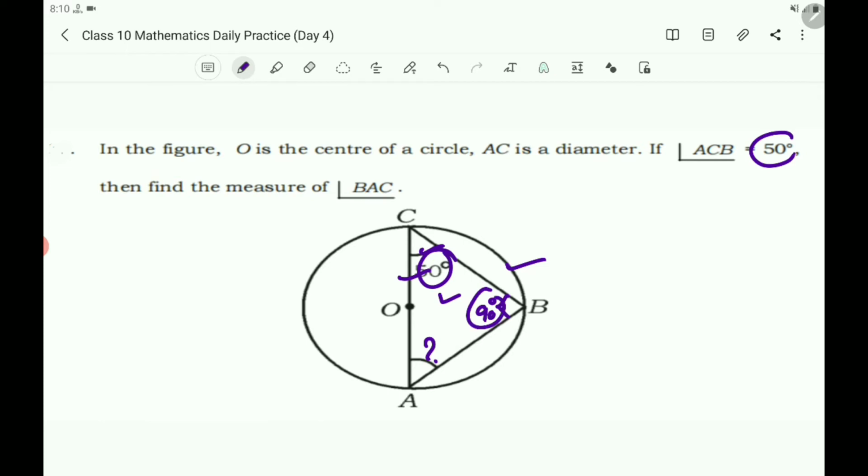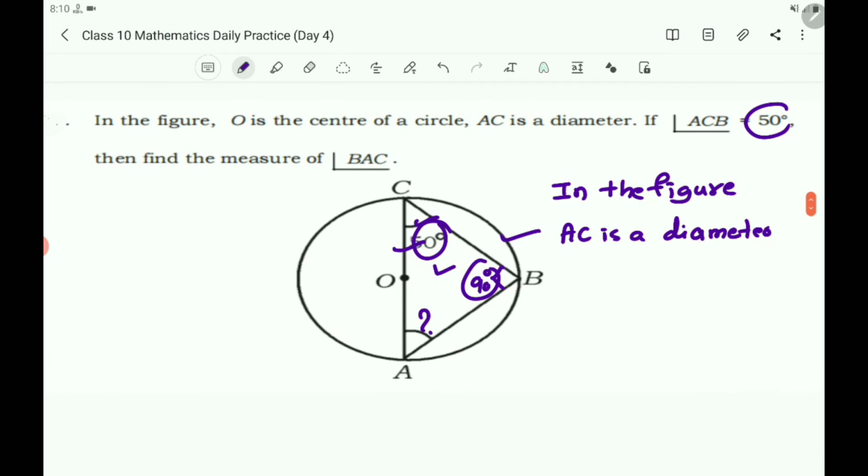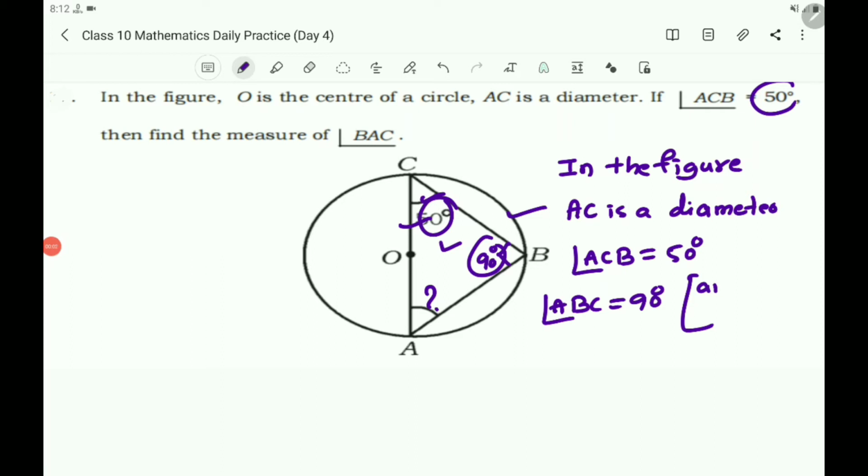So you write, in the figure, AC is a diameter, angle ACB equals 50 degree and angle ABC equals 90 degree, angle in the semicircle.